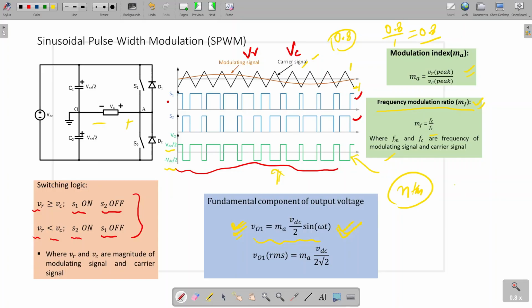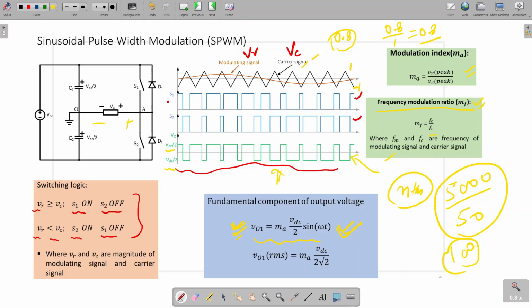Let's say this carrier frequency is 5 kilohertz and this reference frequency is 50 hertz. So what will be the MF value? MF will be 5000 by 50, that will be 100.